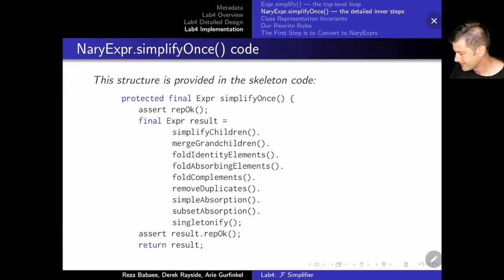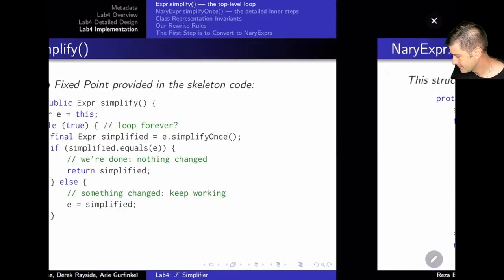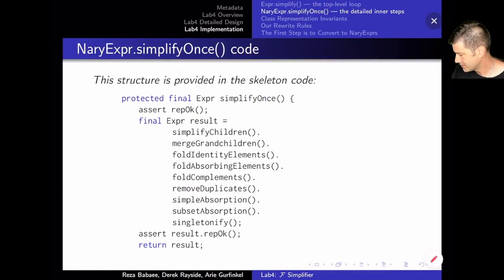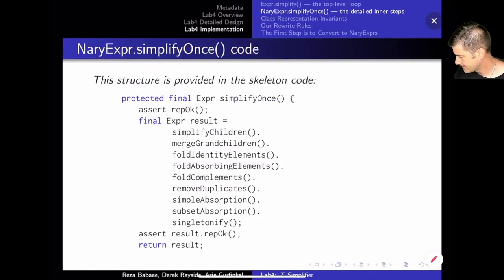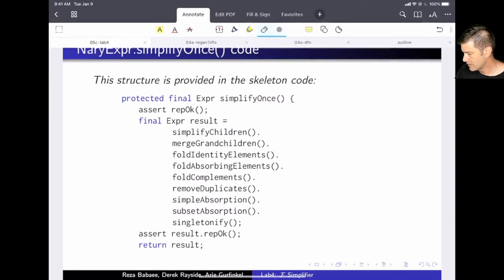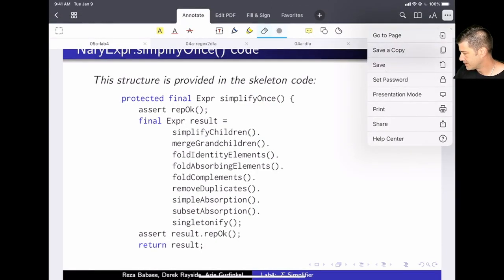And then the simplify once function. So this function looks kind of like this.